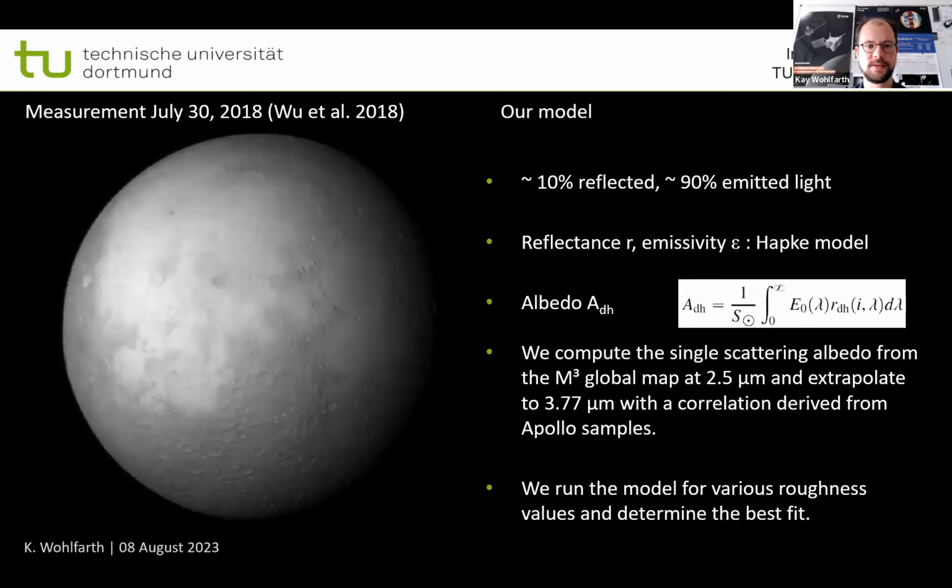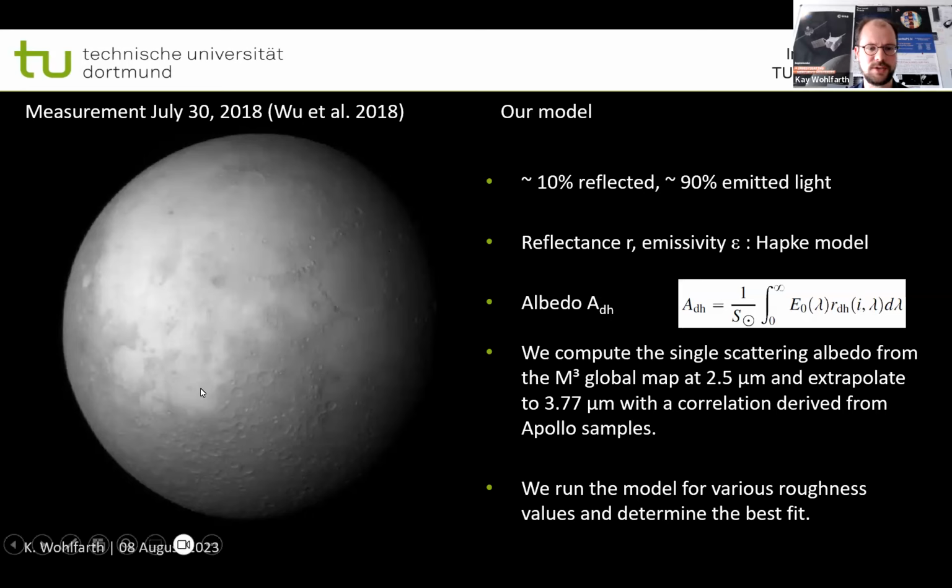So this is the measurement taken on the 30th of July 2018 from Wu and colleagues, which shows the lunar surface at 3.7 micrometers, because it's in the infrared region, which is not real thermal infrared, but already beyond the near infrared in some sense.